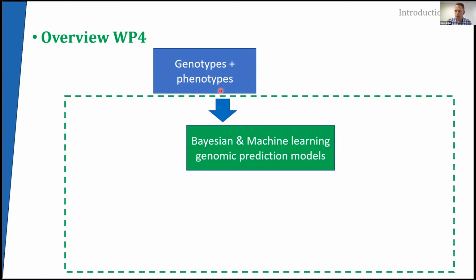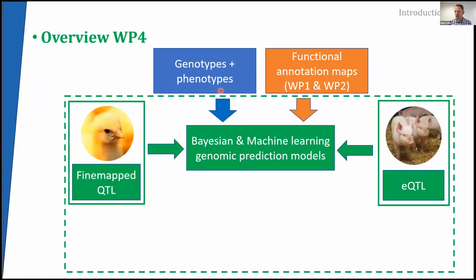In this case, we're going to add 3 sources of information to this. It's first of all the functional annotation maps generated by work package 1 and 2. And then in addition, within the work package, QTL are being fine mapped for body weight in chickens, and also eQTL have been generated for pigs.